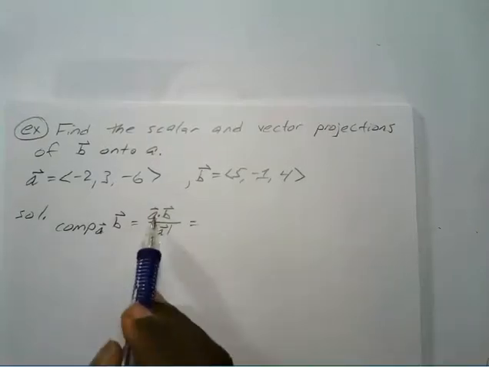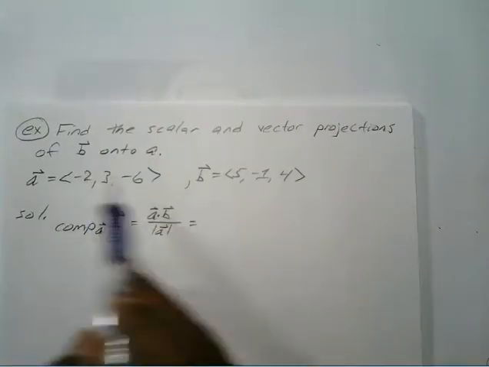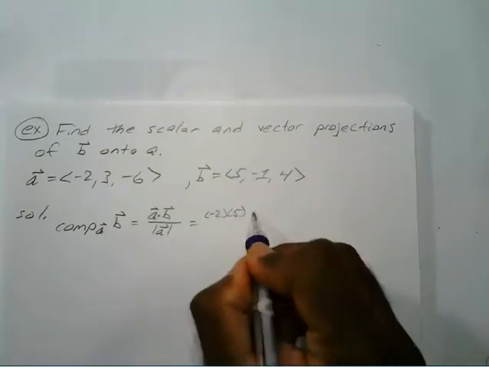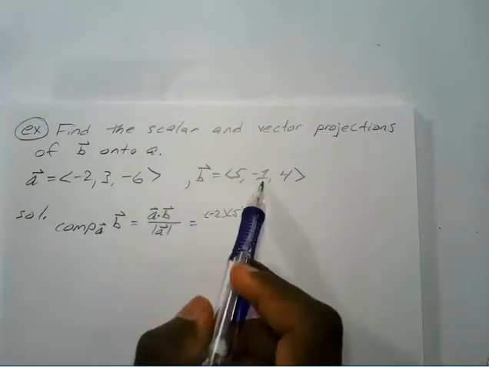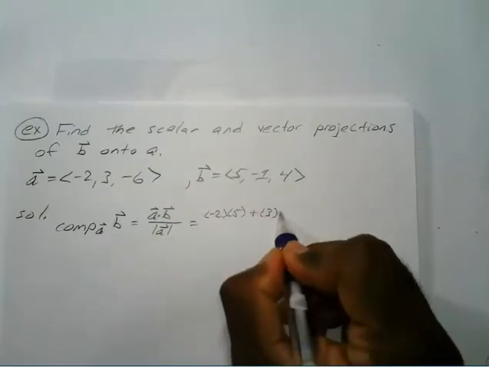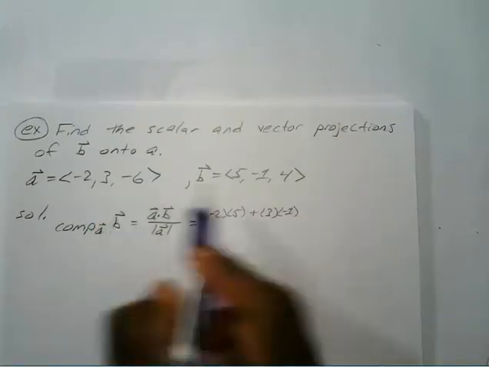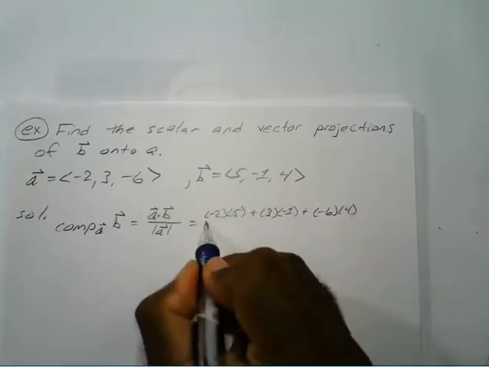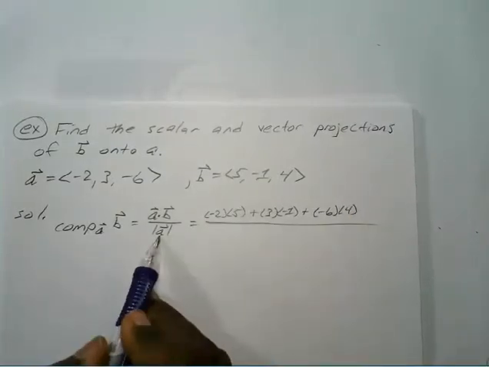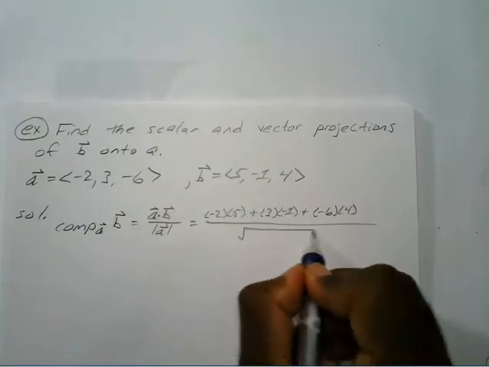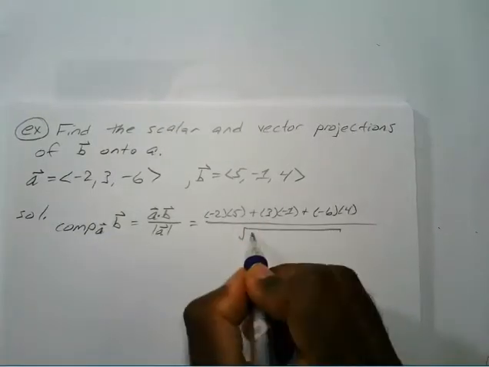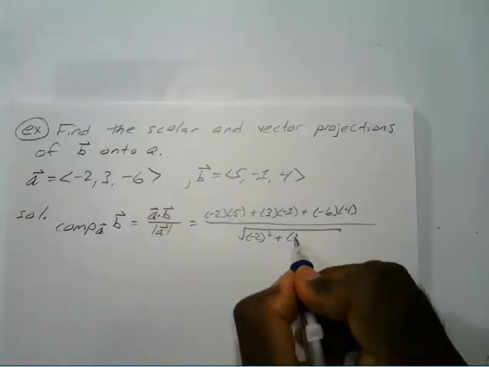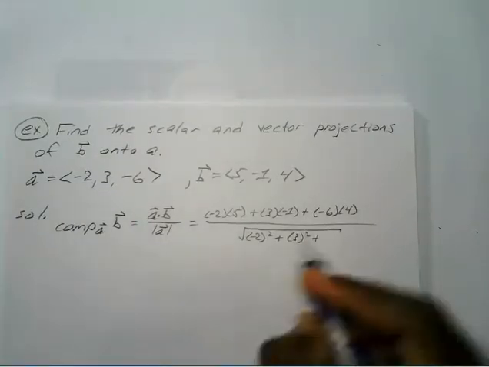For the dot product of A and B, we multiply the first 2 components, -2 times 5, plus 3 and -1, plus -6 and 4, divided by the magnitude of the A vector, which is the square root of -2 squared plus 3 squared plus -6 squared.